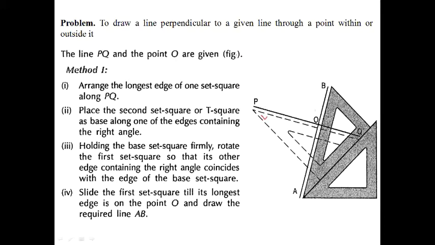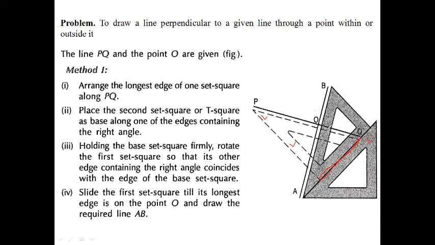One longest edge will coincide with PQ. Then at the base of this set square, you place another set square, means on this part. Understand? On this part, this set square will be the base, held firmly. Okay.